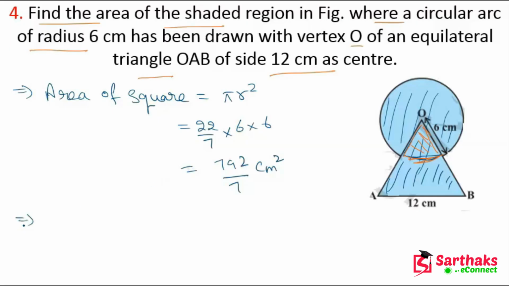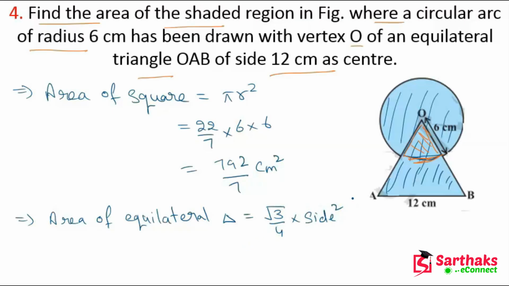Now find the area of this triangle. This is an equilateral triangle. The area of an equilateral triangle is root 3 upon 4 into side square. We know the value of AB is 12 centimeter.